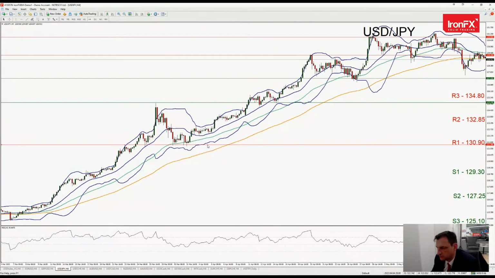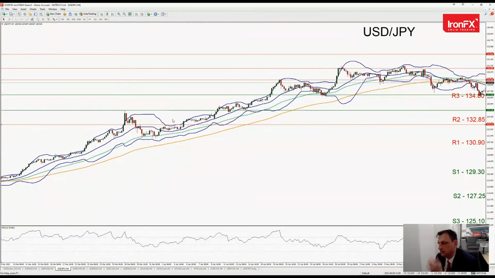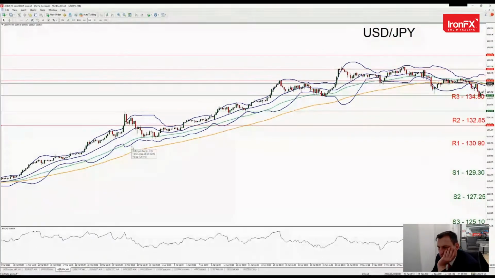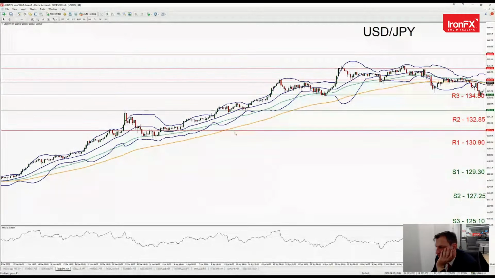Or this. Or this. I think this one's better. These troughs here tend to show continuous support. It was tested multiple times, but it was also tested to the upside. I'm going for this one.